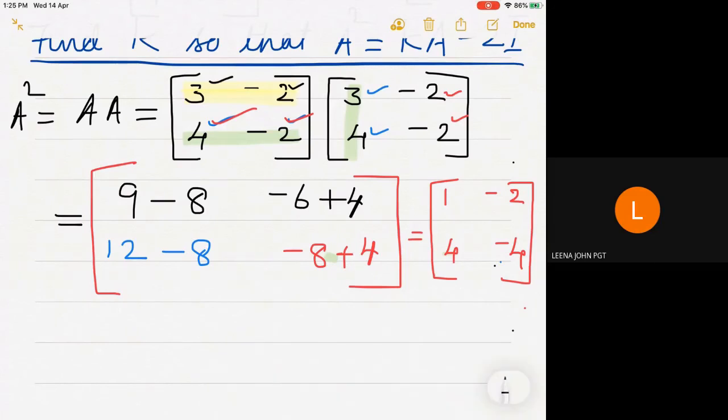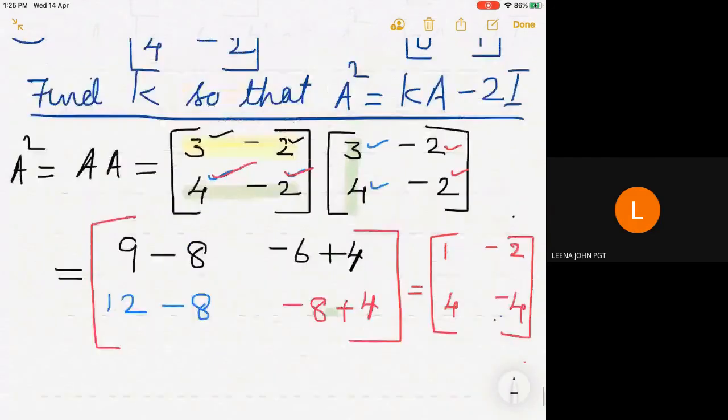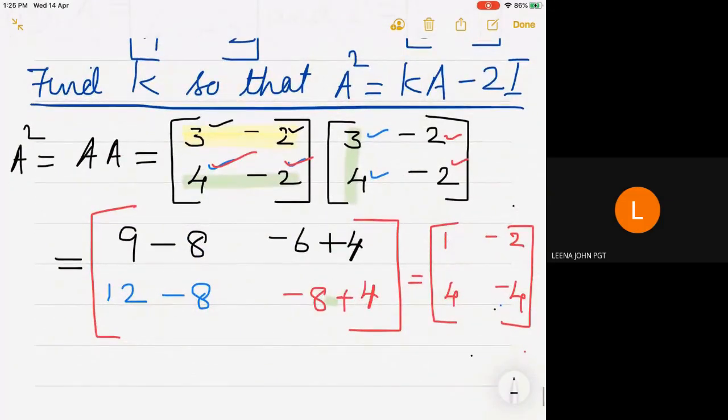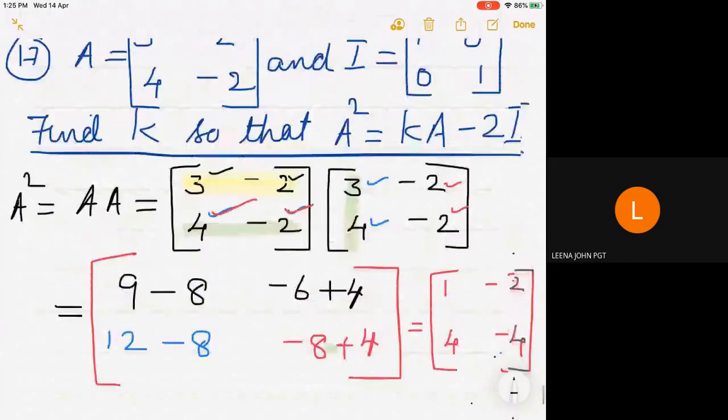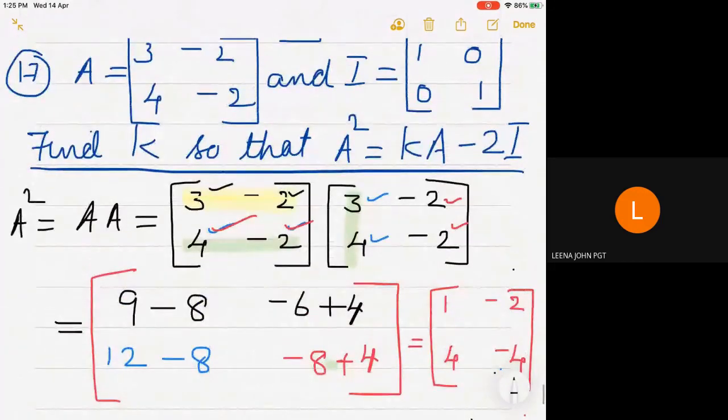Next, come to the equation. Find the value of K so that A square equal to KA minus 2I. So while you analyze, this question has got two parts. What is to find out and what is given. The given fact is that A square equal to KA minus 2I.